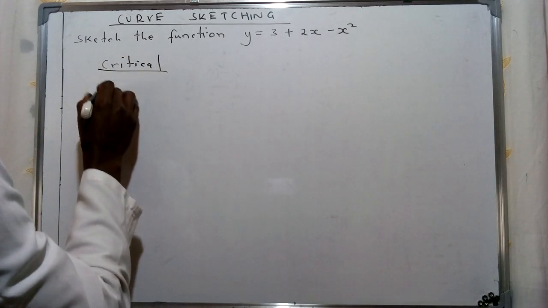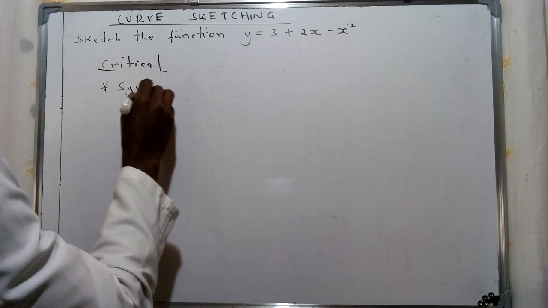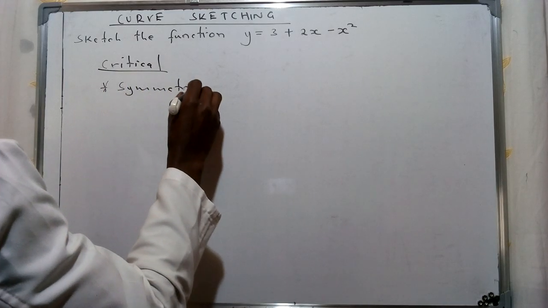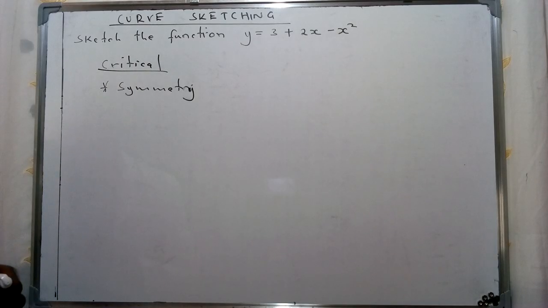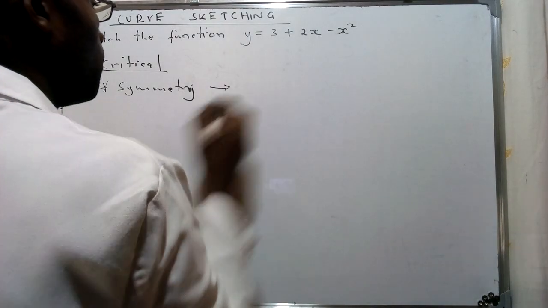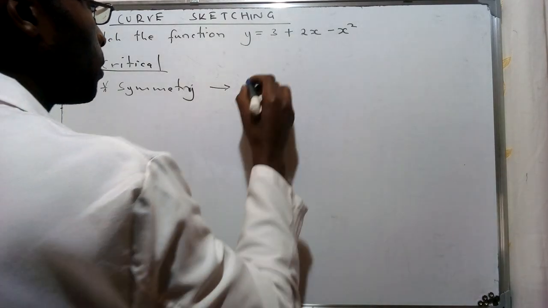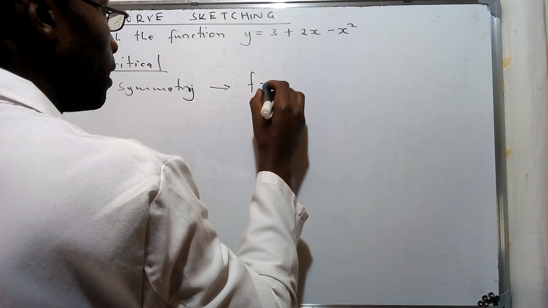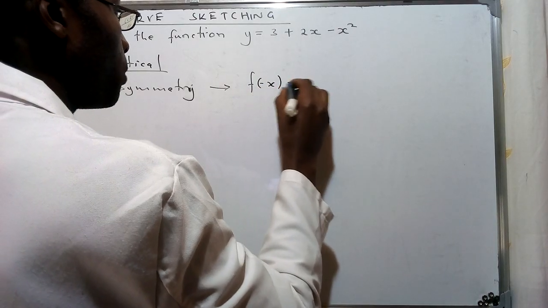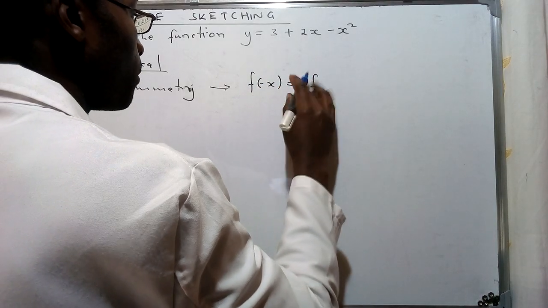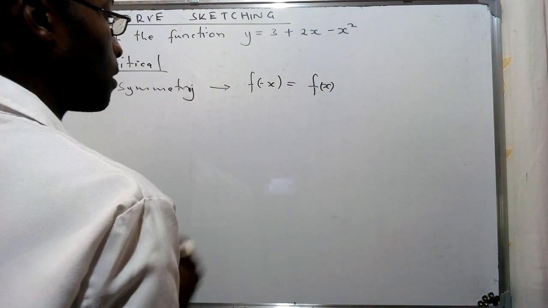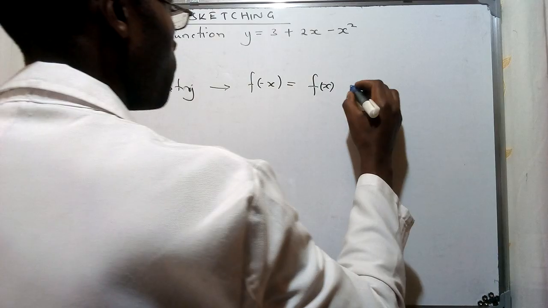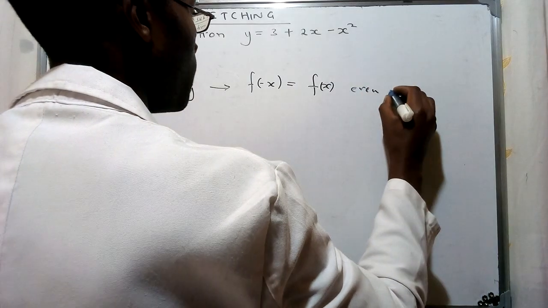And this is going to be the identification of what we refer to as the concept of symmetry. For us to define this concept of symmetry, I've mentioned in my previous videos the concept of odd and even functions, which we can define in terms of this representation of a function f(x) given as such. This is going to give us what we refer to as even functions.